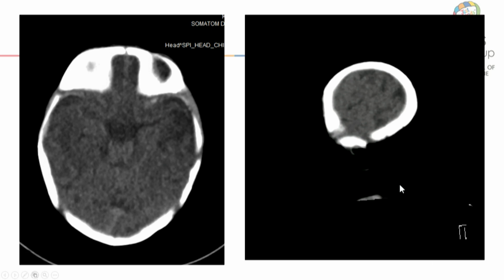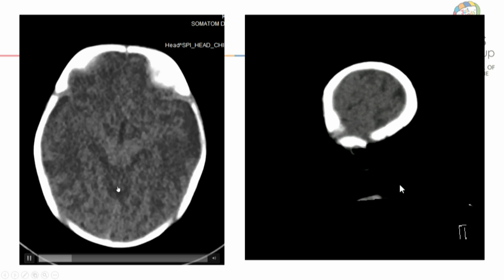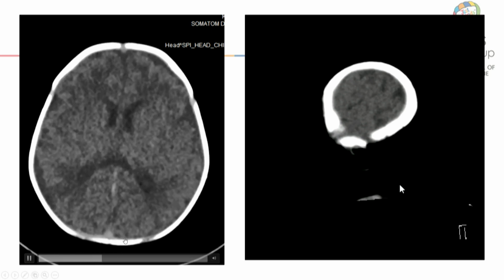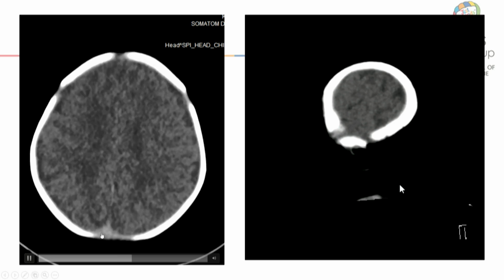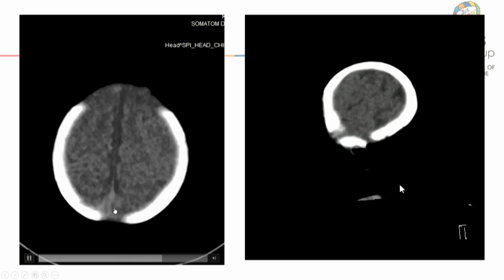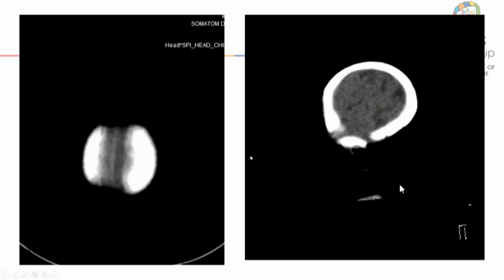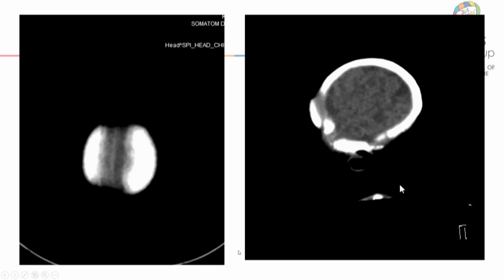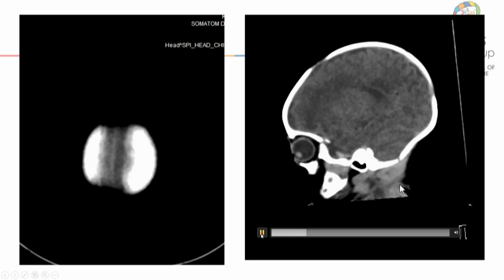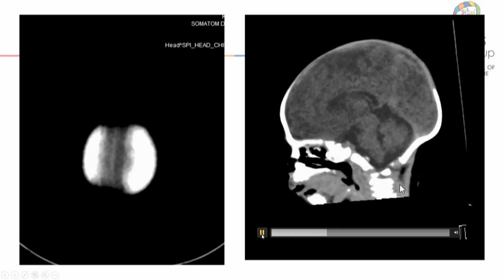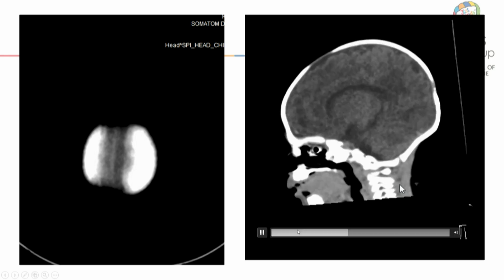It's hard to tell on CT. And then on this axial view, this was a 4-week-old who came in with apnea and just behaving poorly. You can't really tell that there's a subdural until you look at the coronal, which you can't see. It's underneath here, which is a shame.